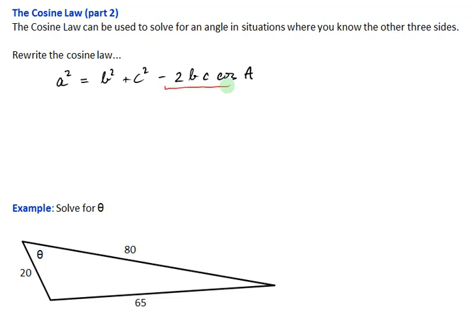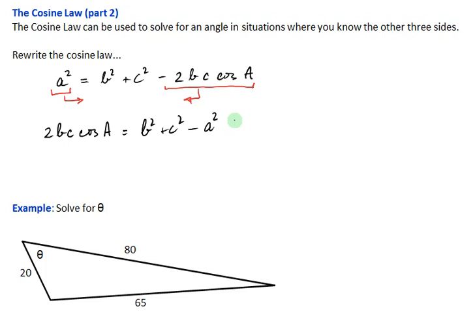I'd like to take this large negative term and move it to the other side of the equation where it'll be positive. And I'd like to move this a squared term to the right-hand side where it'll end up being negative. So in other words, I'm subtracting a squared on the right, and I'm going to add the large term on the left-hand side of the equation.